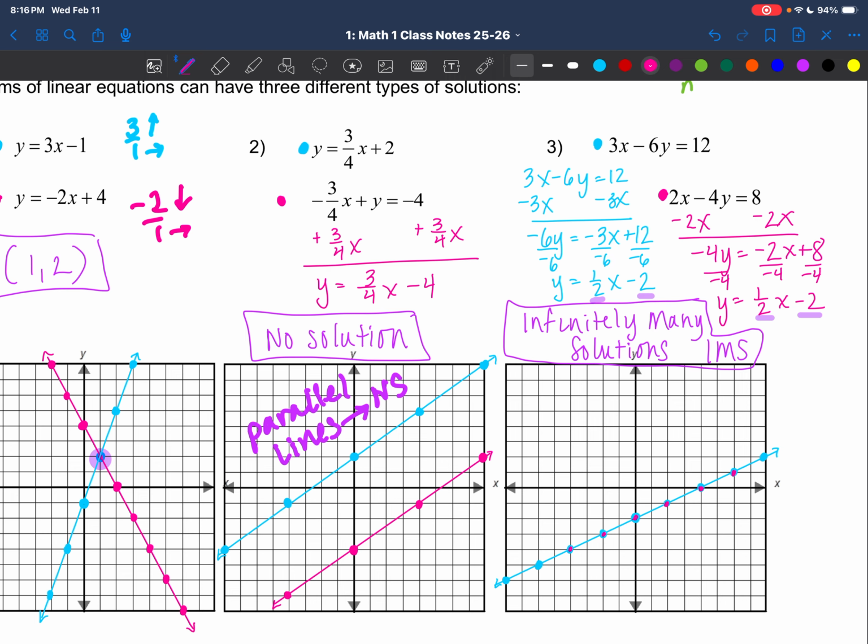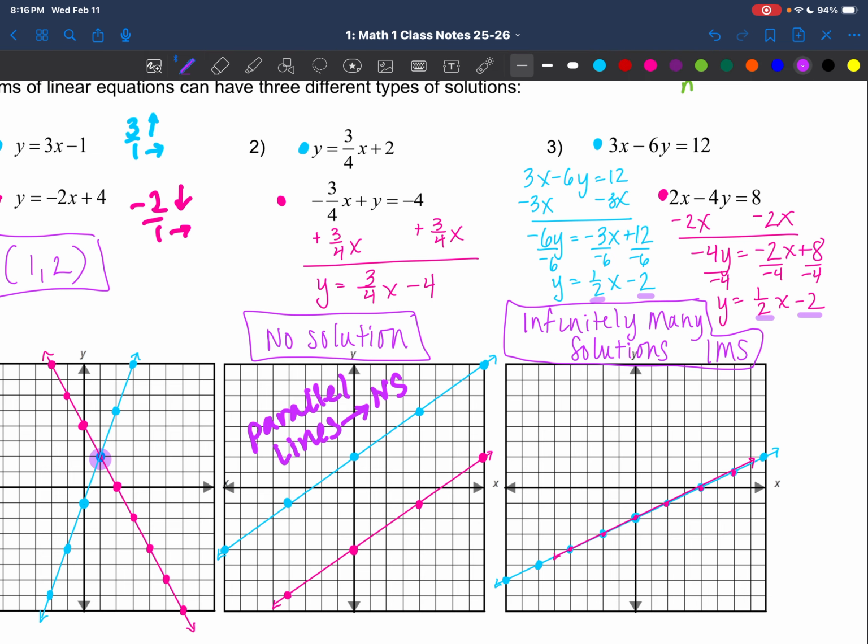Well, if you notice, I'm actually graphing right over the same exact line. So when that happens, what that means is they're always intersecting. So if it's always intersecting, it's going to be infinitely many solutions, or IMS.